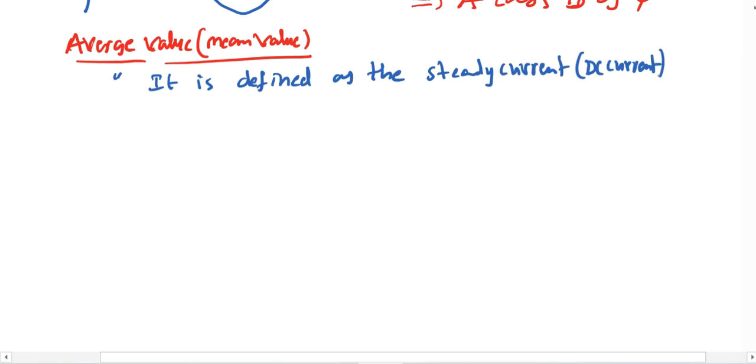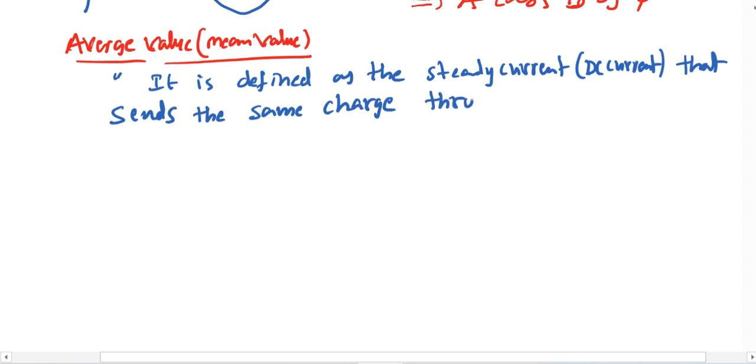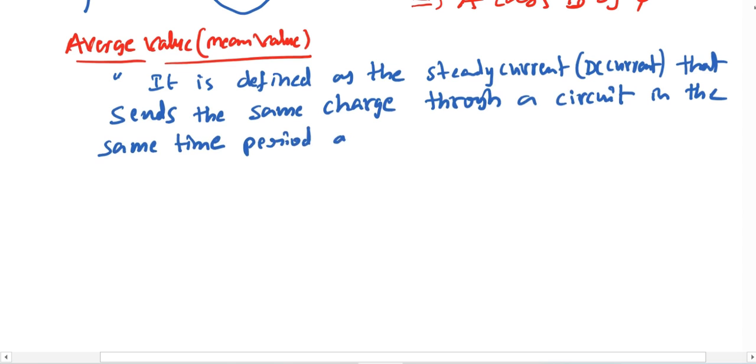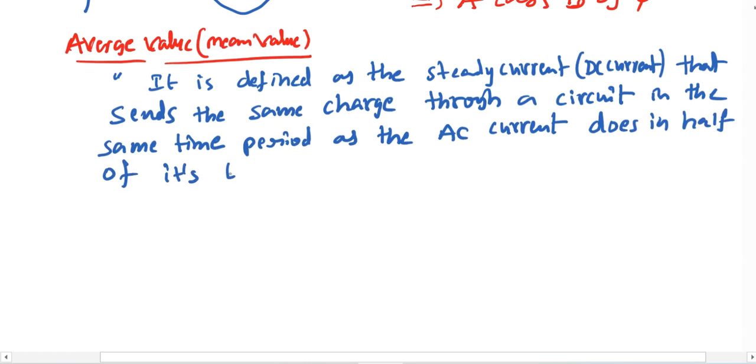It is a DC current that sends the same charge through a circuit in the same time period as the AC current does in half of its time period.